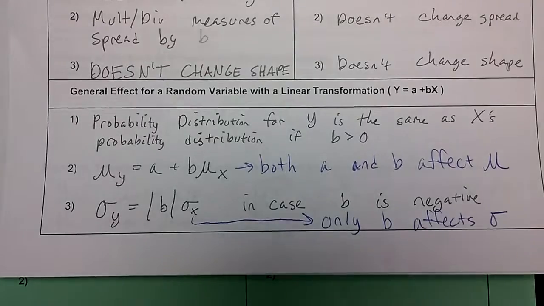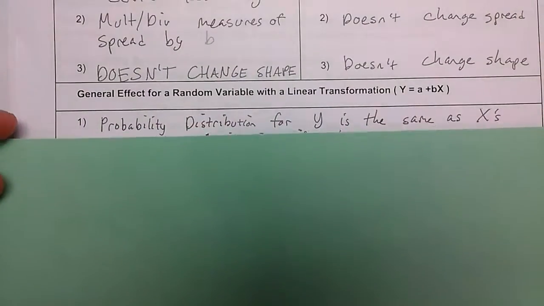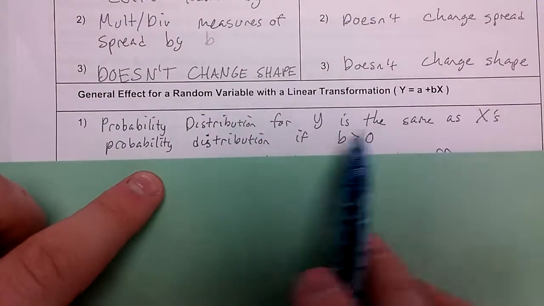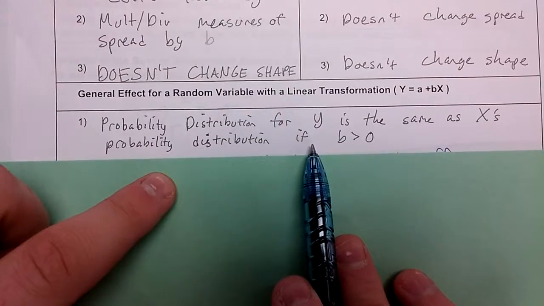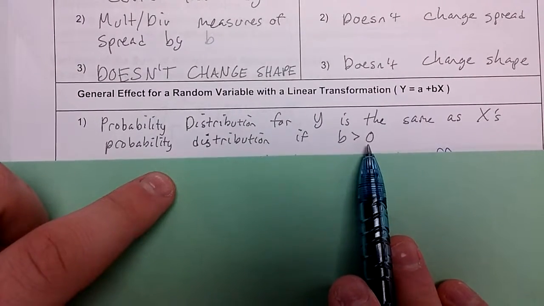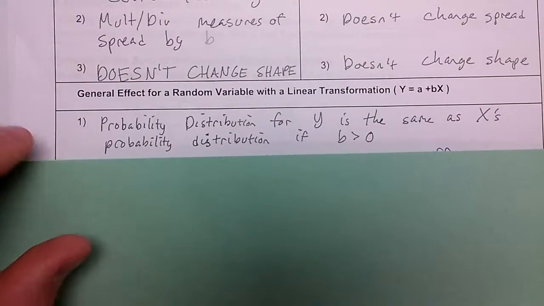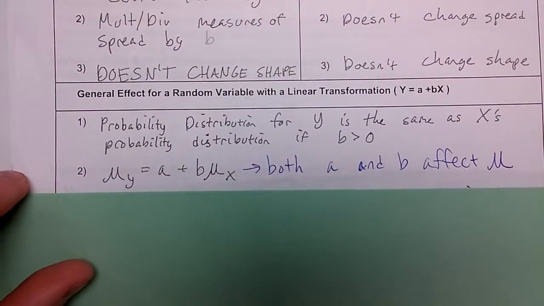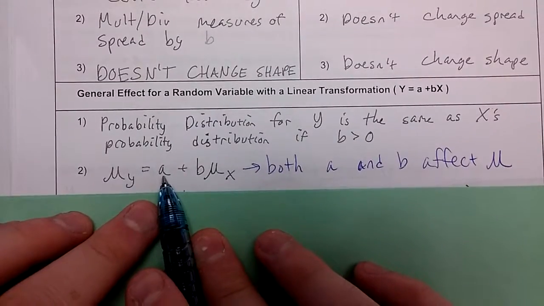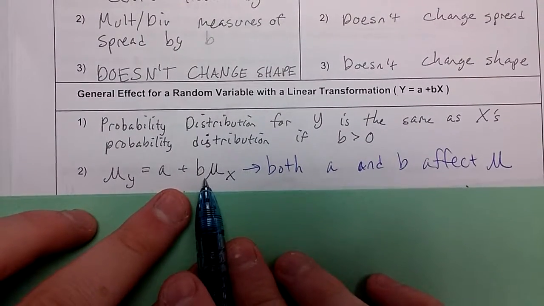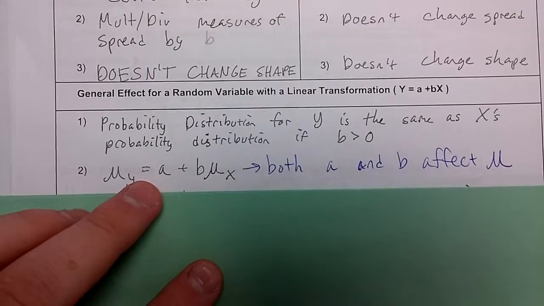See if we can read this one at a time. So first, the probability distribution for y is the same as x's if the b value is greater than 0. So if it's a positive b value, your probabilities will remain the same. Two, your mean. You will multiply by b and then add a, if that's the order of your equation.